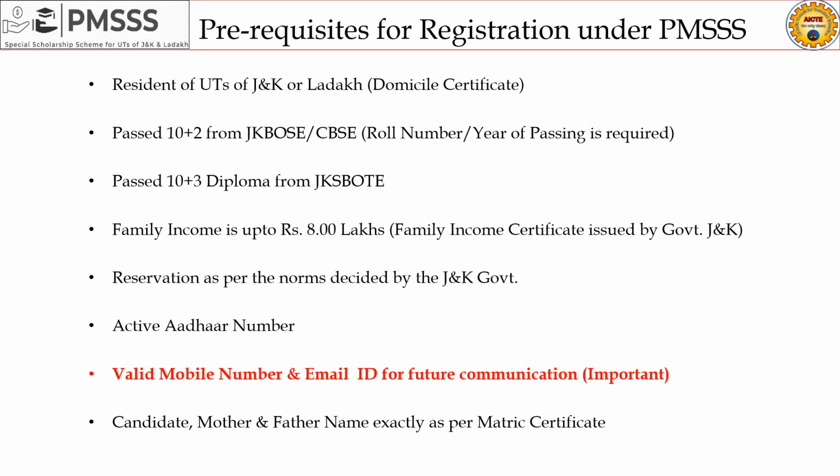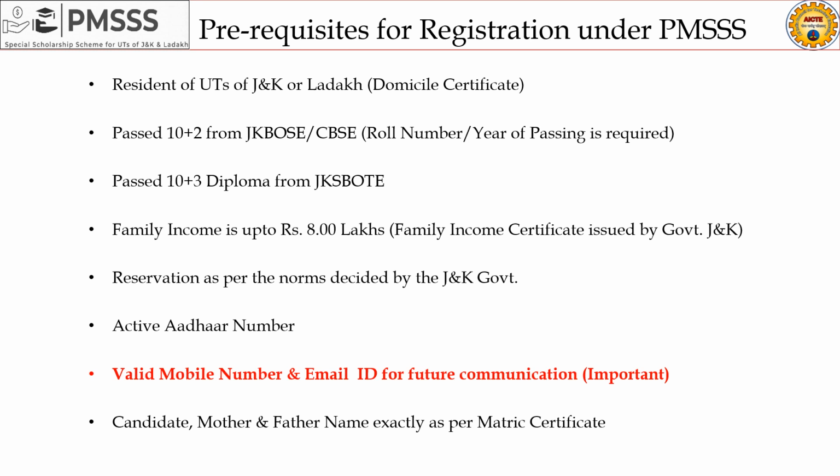The candidate should have passed 10+2 from JK Bose or CBSE from the schools of Jammu and Kashmir or Ladakh in the current year or previous year. That is, for the registration 2022-23, the candidate should have passed 12th in the year 2022 or 2021.